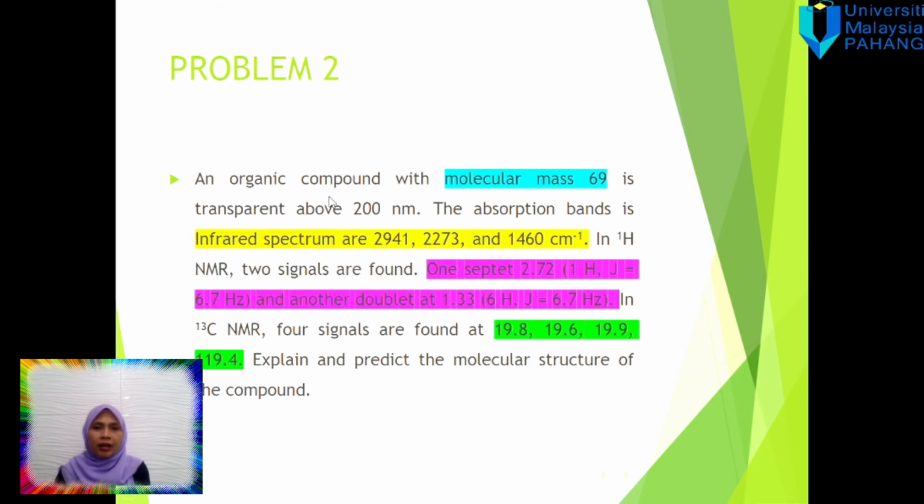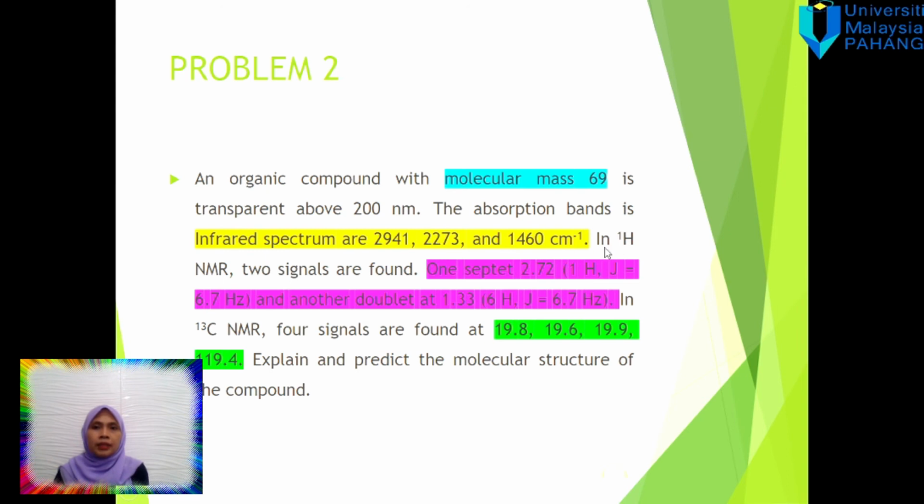An organic compound with molecular mass 69 is transparent above 200 nanometers. The absorption bands in infrared are 2941, 2273, and 1460.